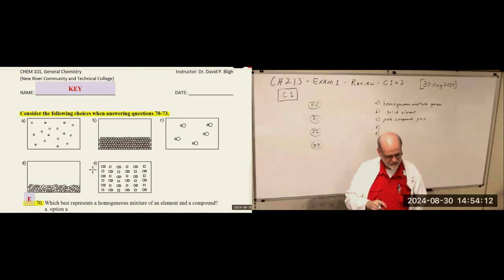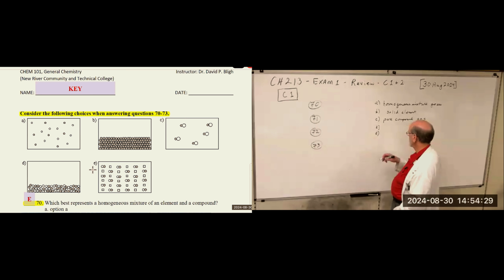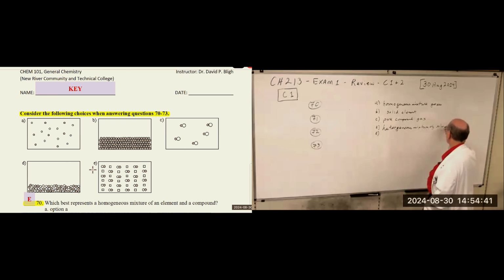D looks like it's a heterogeneous mixture, and since it's not regularly arranged, I'd say it's a liquid. So we've got two different elements in there. It's a heterogeneous mixture of elements.